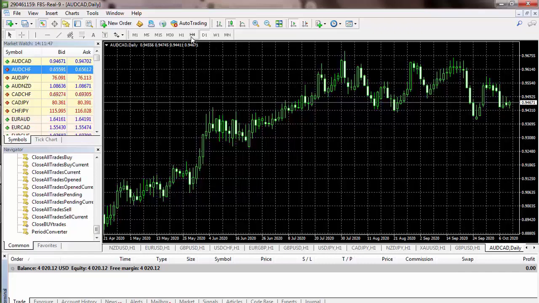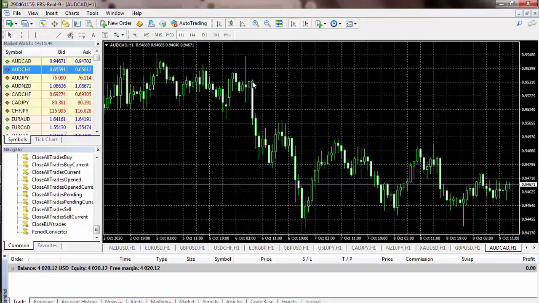If we make it 1 hour, what it is saying is the market goes down this 1 hour, goes down this 1 hour, then moves up this 1 hour. Each of these candles runs for 1 hour. By the time you finish 1 hour, you find another candle forming.